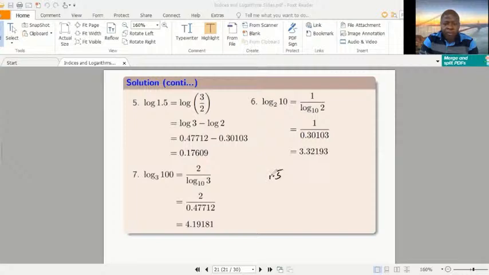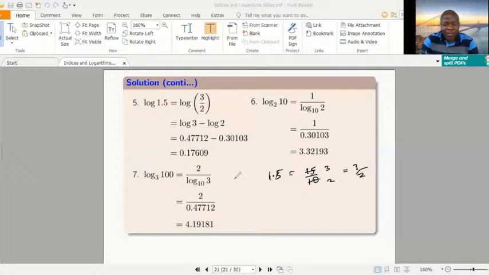But from our lower primary, we already know that 1.5 can be written as a fraction as 15 out of 10. It can be written like that. And that 5 can go here 3 times, and 5 can go here 2 times. So what I have is 3 out of 2.